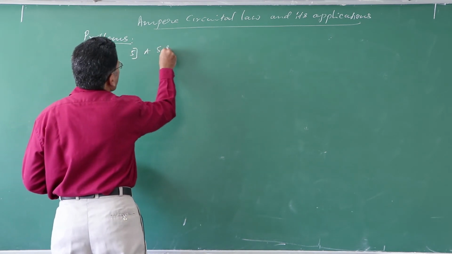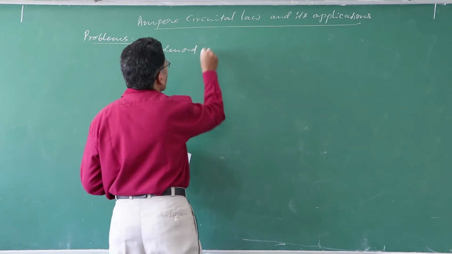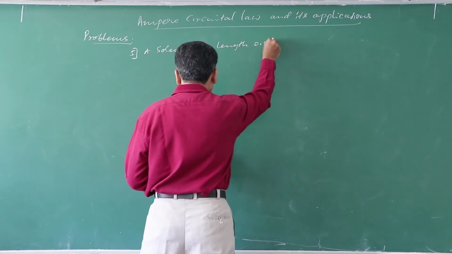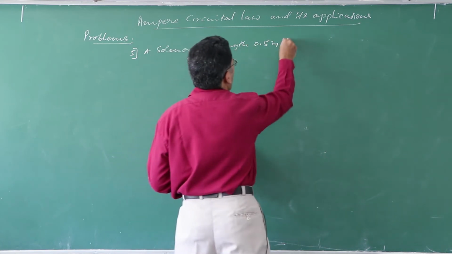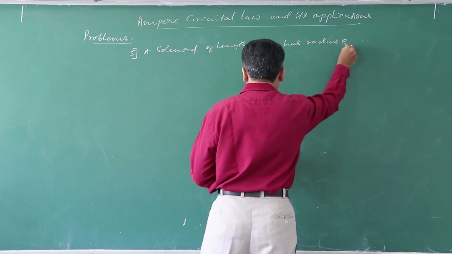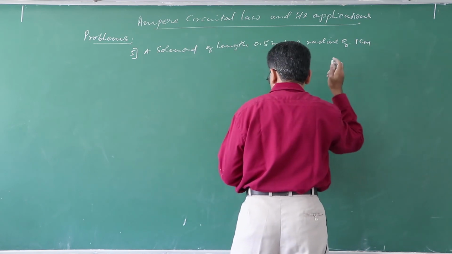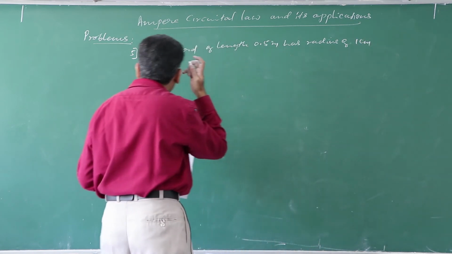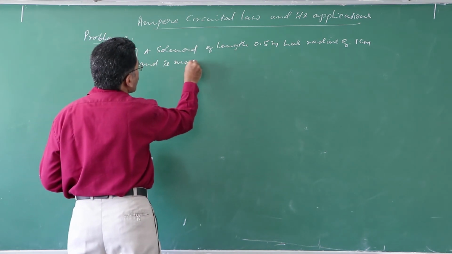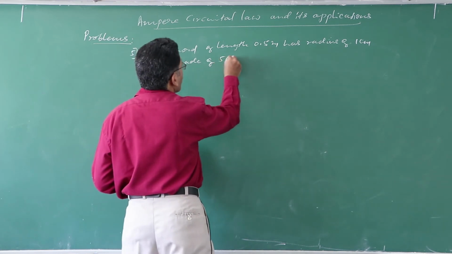A solenoid of length 0.5 meter has radius of 1 centimeter and is made of 500 turns.